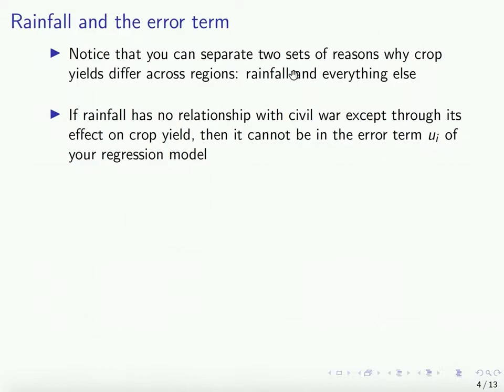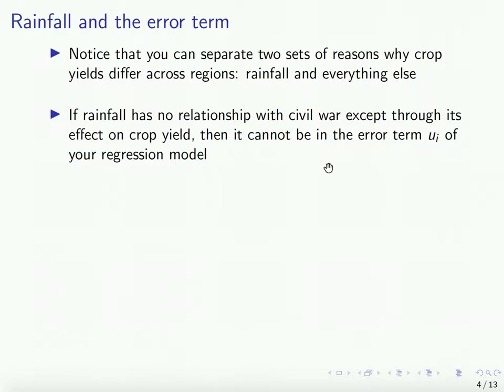If rainfall only has a relationship with civil war through its effect on crop yield, then it cannot be in the error term. In other words, rainfall only has an impact on crop yield, which itself has an impact on civil war. If this is the case, then rainfall is not in the error term.